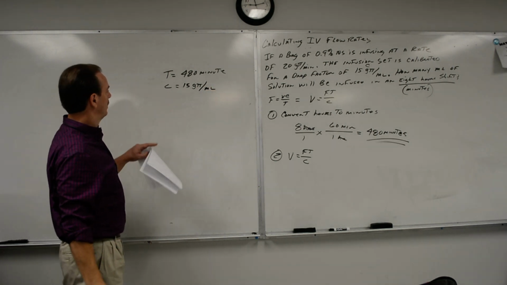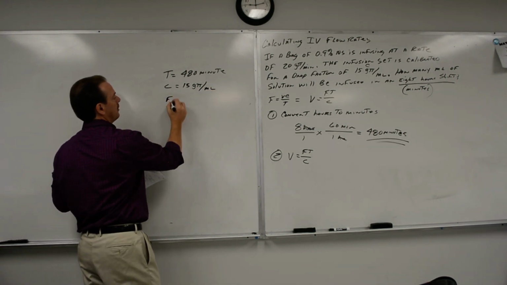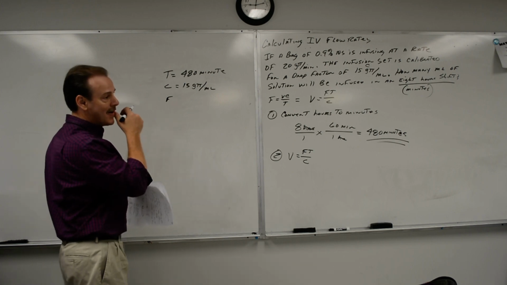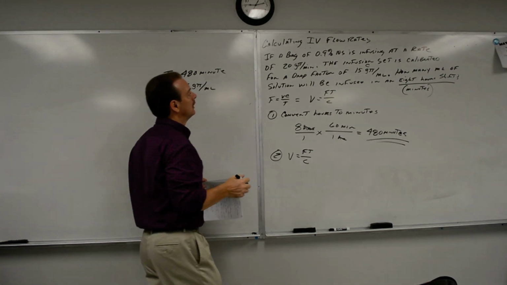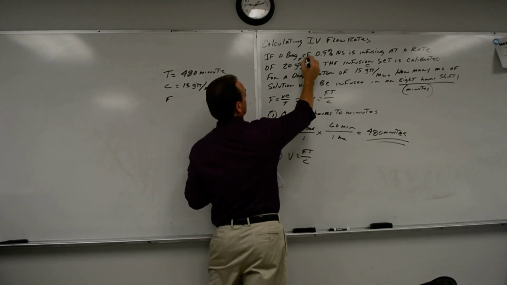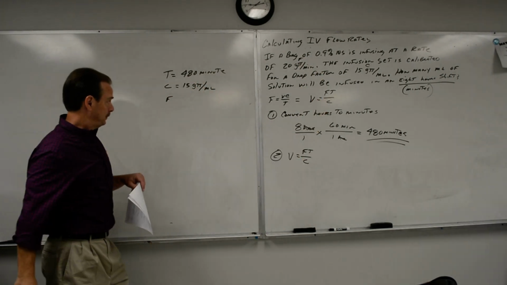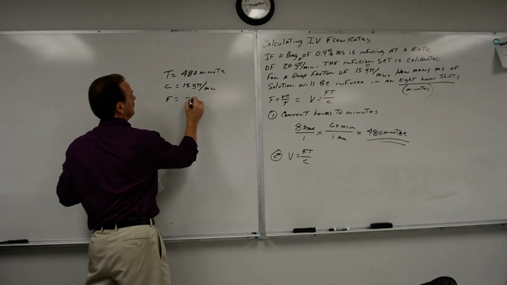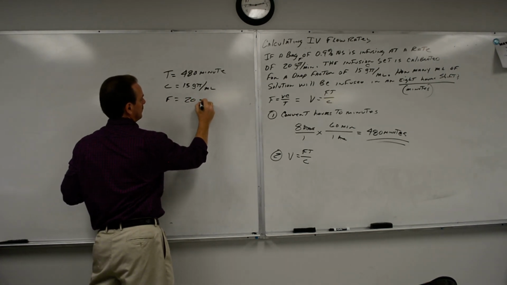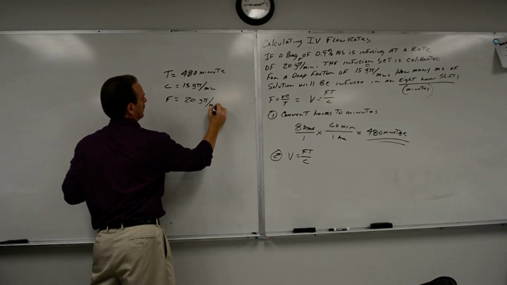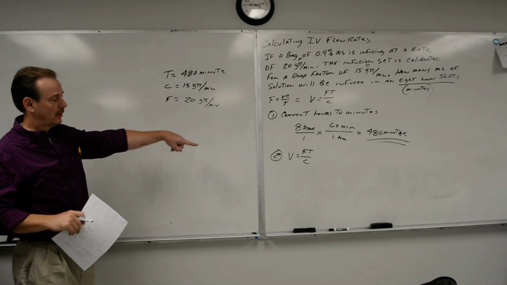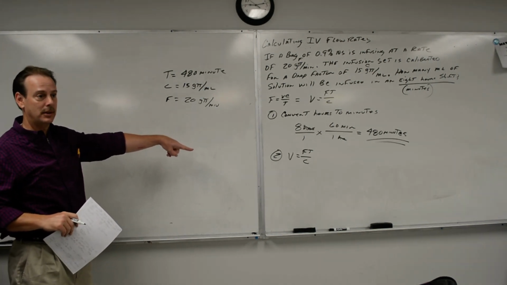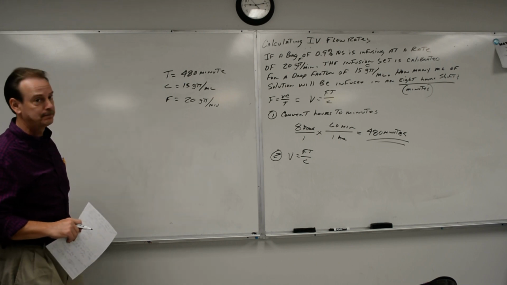And then our F is going to be what? It's being infused at what? 20 drops per minute. Yeah, 20 drops per minute. So here we're defining all of our variables. Over here we'll plug it in and solve the equation.